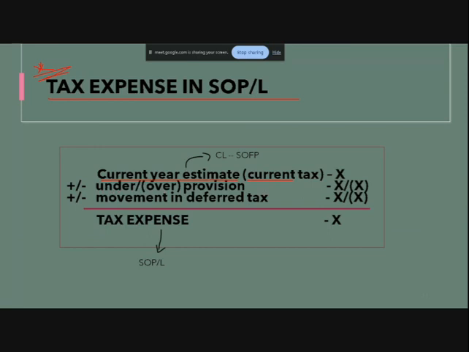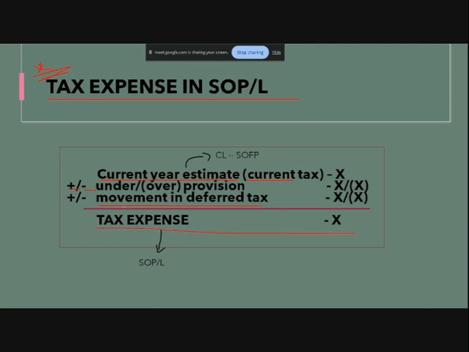We will go into all these terms, but I'm just telling you this. If it's under provision, we will have to add that amount. If it's over provision, we will have to deduct that amount. Then we have movement in deferred tax. Depending upon whether the amount was positive or negative, you put the same sign. If it's positive, you add it. If it's negative, deduct it. If you do this equation, you will get something called tax expense.